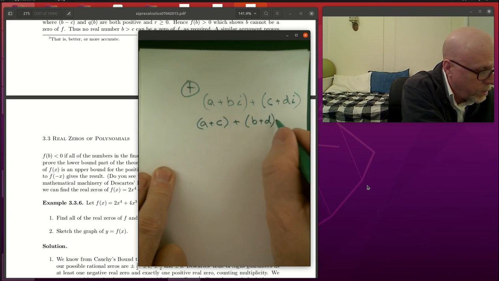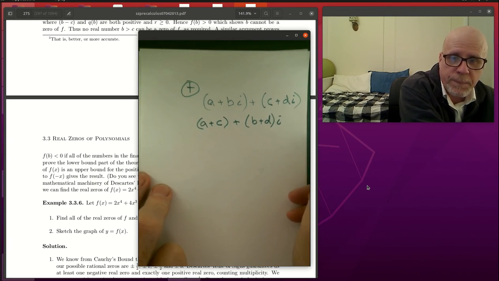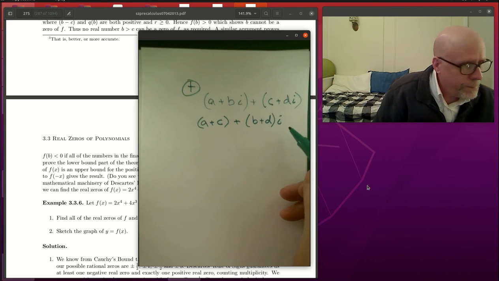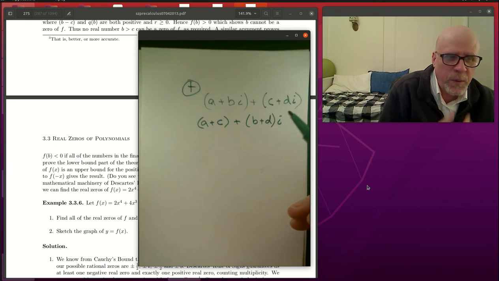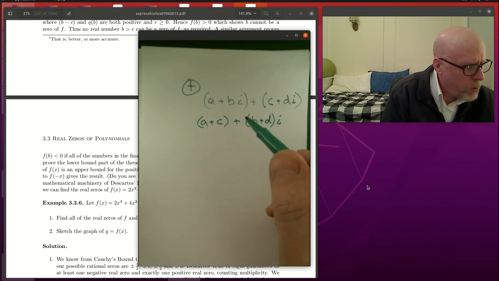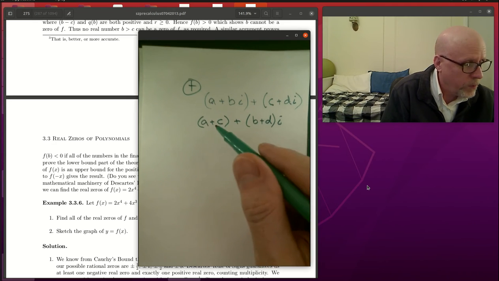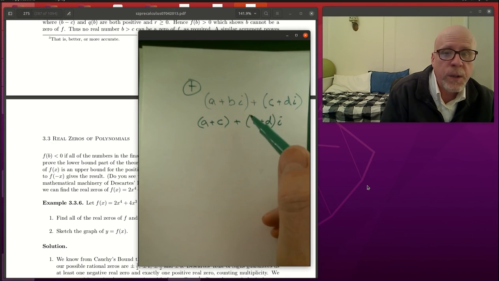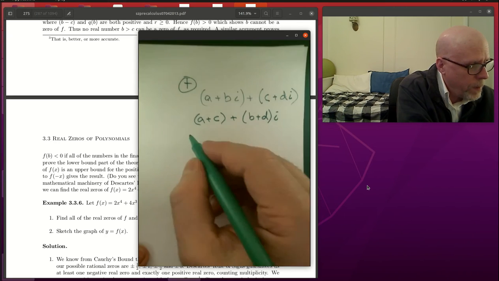Both of those have an i on them, so it looks like you could factor the i out. That's a pretty simple way to do addition. Could you imagine some other rule for adding these things? It turns out this has a very geometric character to it. And if you at some point learn about vectors, what we're doing is vector addition here. Okay, so adding isn't too hard.